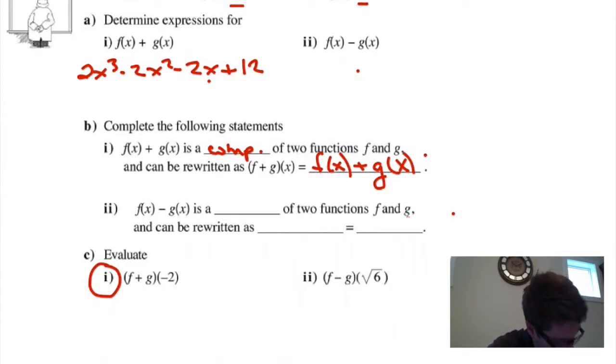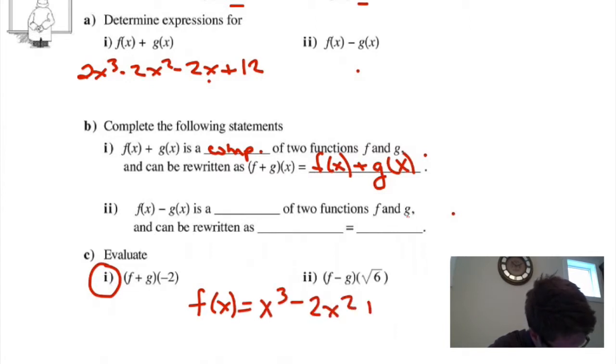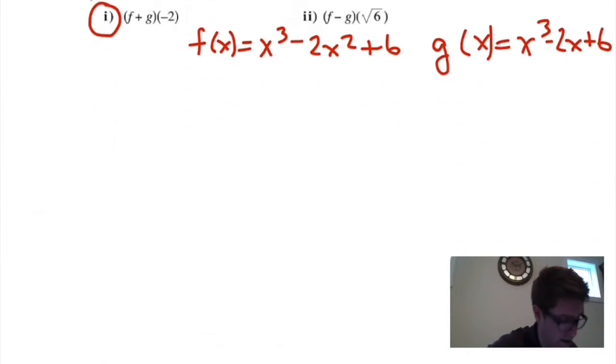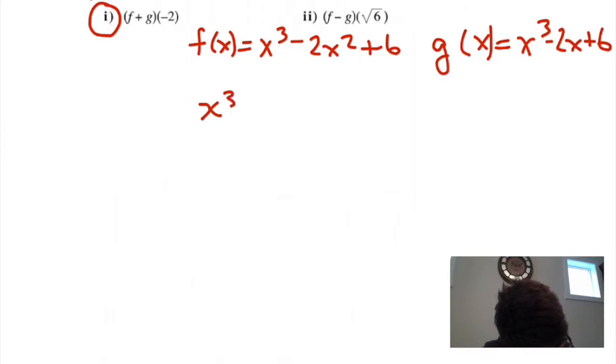Given that f of x is x cubed minus 2x squared plus 6, and g of x equals x cubed minus 2x plus 6, let's find f minus g of root 6. So f minus g looks like f of x minus g of x, which looks like this. x cubed minus x cubed. Actually, we'll just write out the whole function.